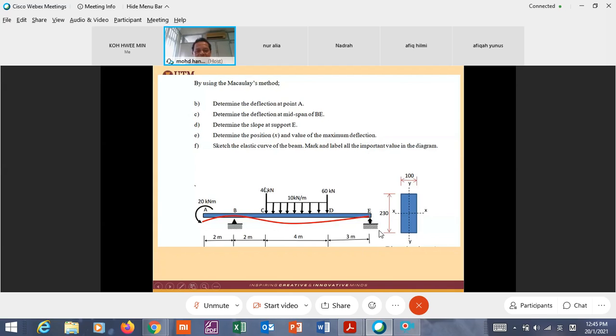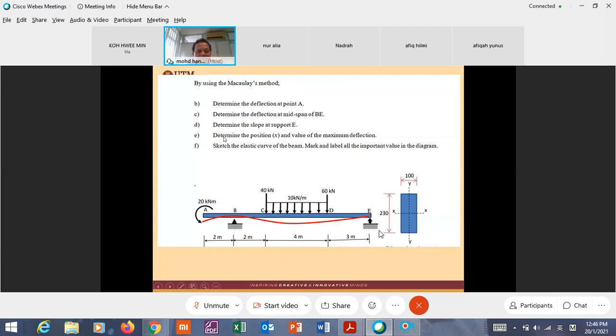For part E, determine the position X and the value of the maximum deflection. Between B and E, we have the maximum deflection.